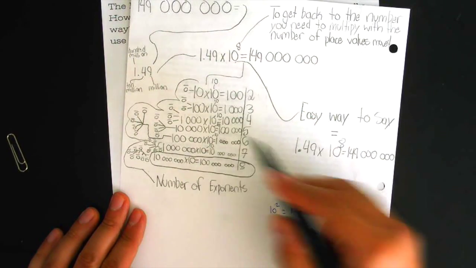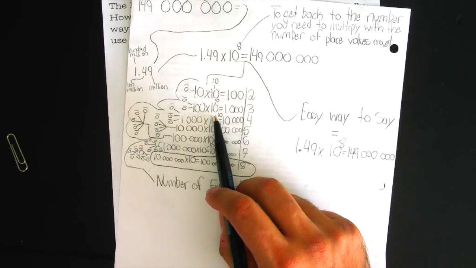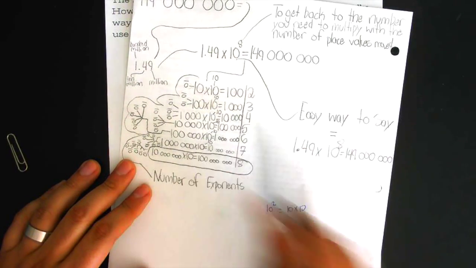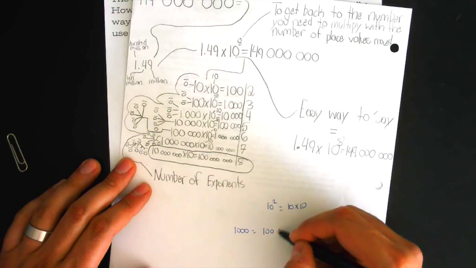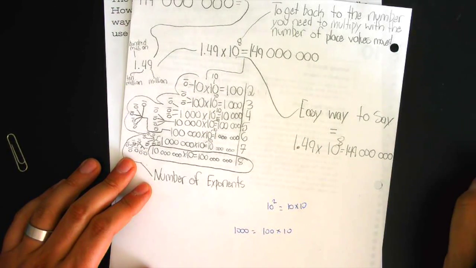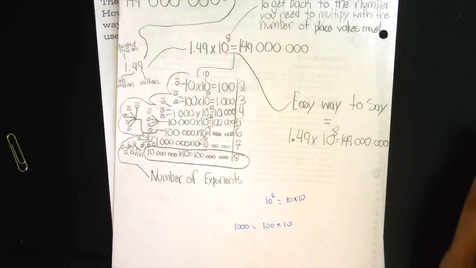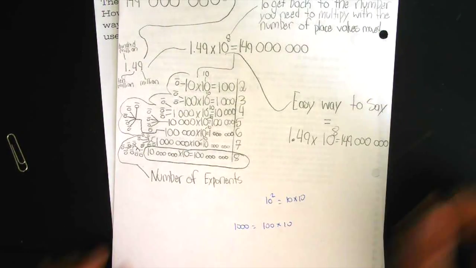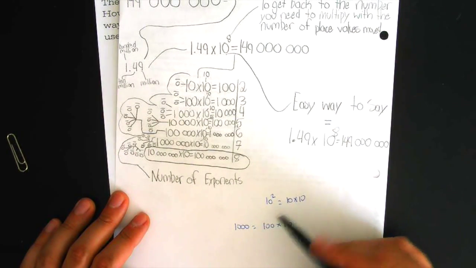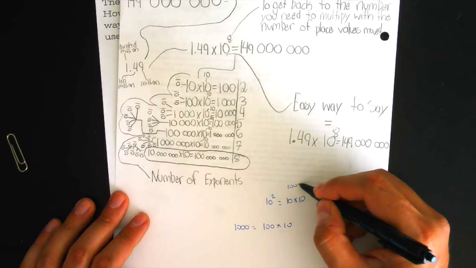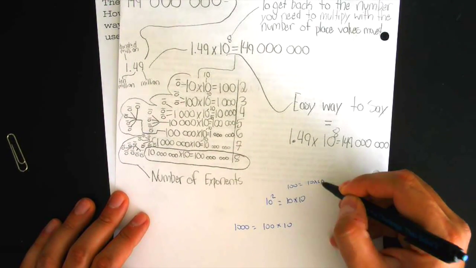They actually did this in 2 different ways. It says here 1,000 is equal to 100 times 10, right? Which is true. But now we know from before that 100 is equal to 10 times 10.